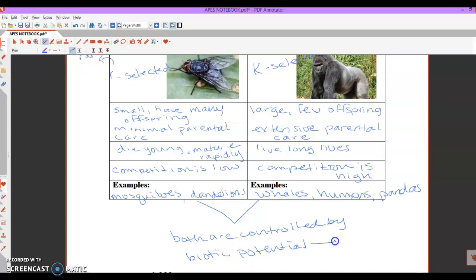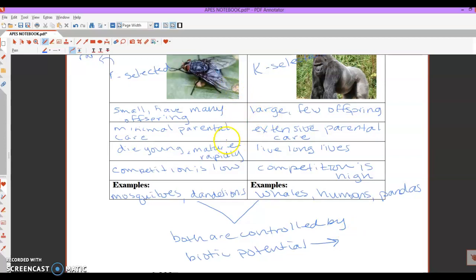All right, so the biotic potential refers to the maximum amount of offspring they can have in ideal conditions. That means that there are unlimited resources. In reality, we know that's simply not true, but we can look at what their potential could be.